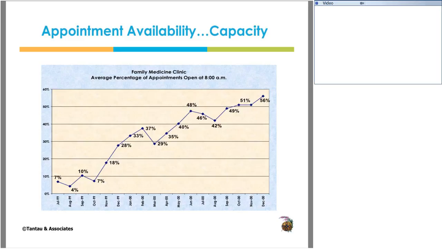Now they run at 75, 78, 80% of their schedules open. There are some patients on the schedule, pre-booked because that's what the patient wanted, or there was a clinical need to pre-book them. But most of their schedule is open and available. So again, it changed things pretty dramatically. So do they have appointment availability or capacity? Absolutely.